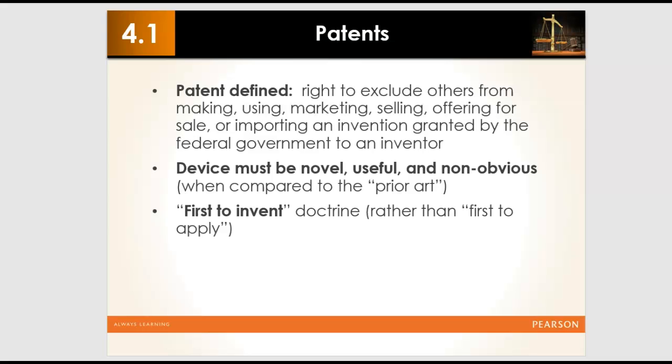You are using the employer's resources to make those inventions. So the employer would mostly be the one to apply for a patent and the one with the right. Okay, so keep in mind this first to invent doctrine, not the first to apply. It's not the one who is faster, but the one who actually invented.